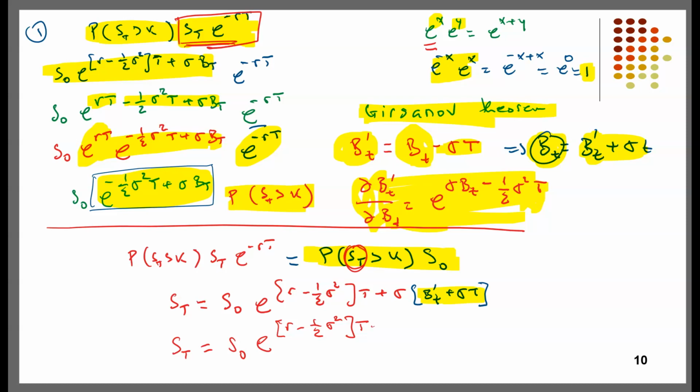So it's going to be plus sigma B prime t plus sigma squared multiplied by t. And all I'm doing here is multiplying this by that and multiplying this by that. Okay, so let's go to the next page and do just that.